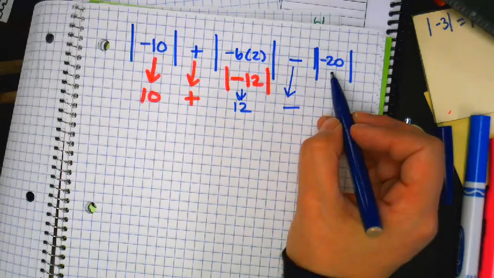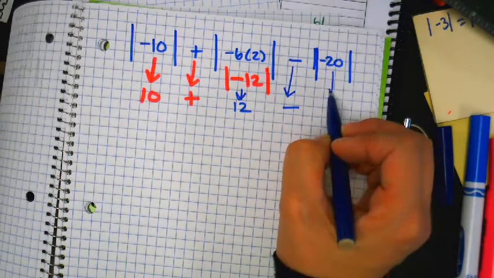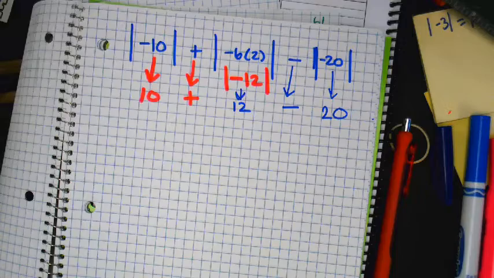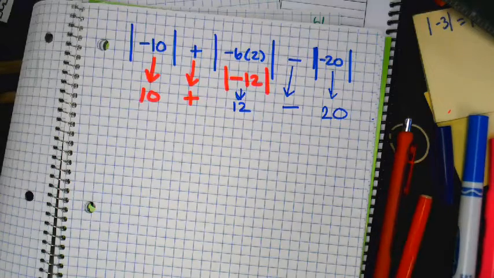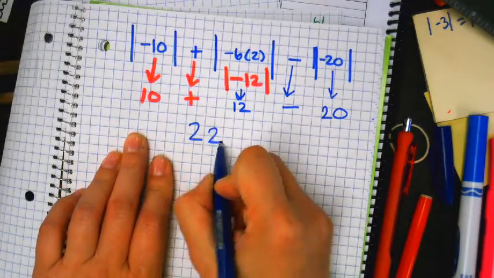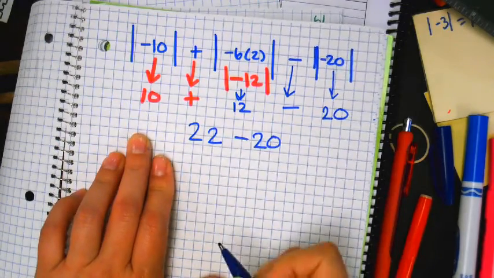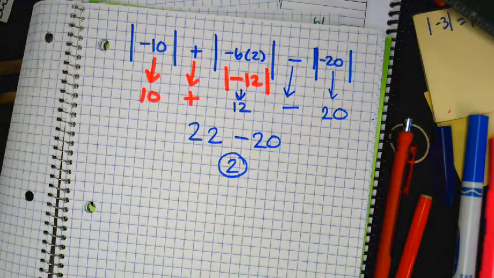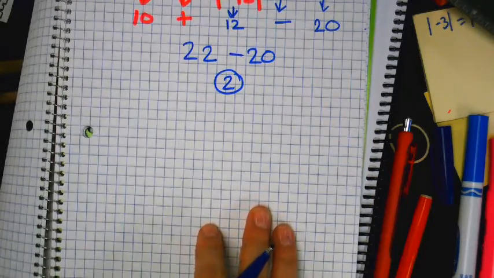What's the absolute value of negative 20? 20. 10 plus 12? 22. Minus 20? It's 2. We okay? All right.